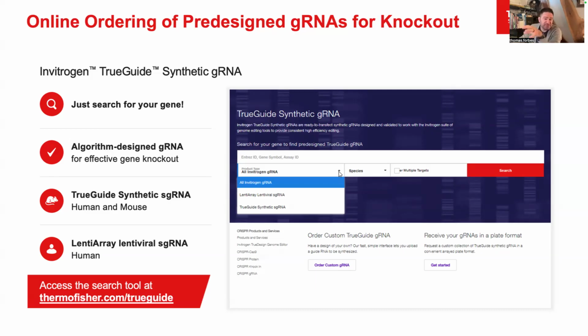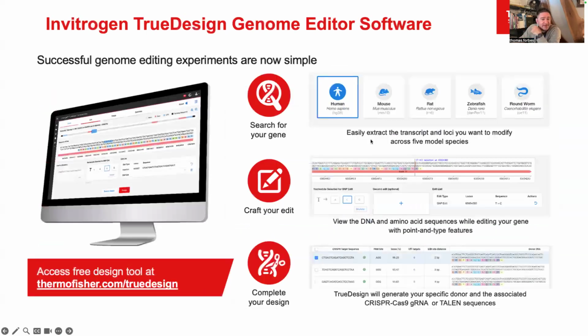We also offer human designs for lentiviral guide RNAs. And then lastly here, another fun online algorithm-based tool is our True Design genome editing software, which I mentioned before. This allows you to design an order, populates all the things you might need, your CRISPR guide RNAs, the associated DNA donor.